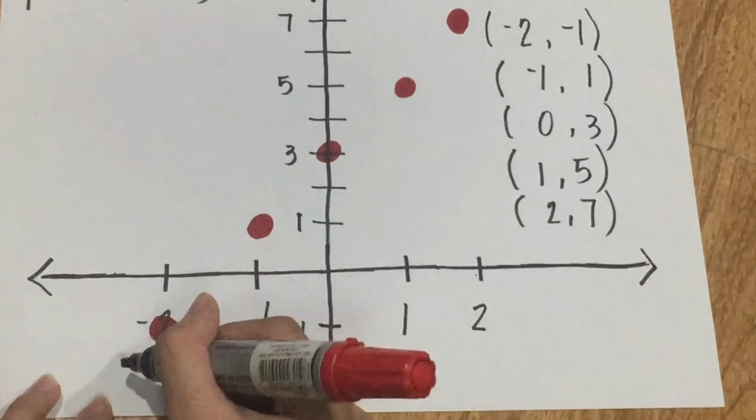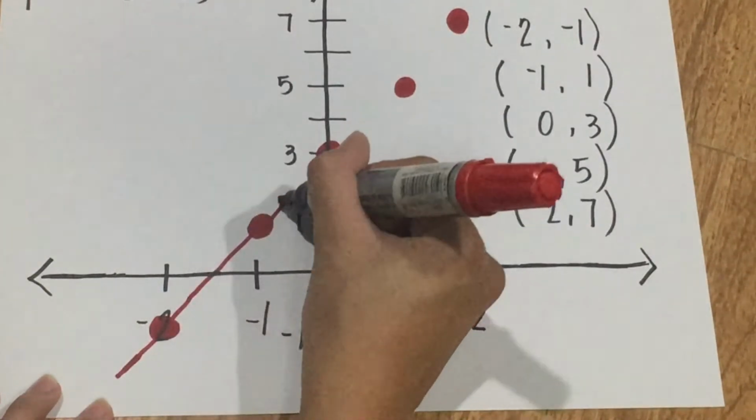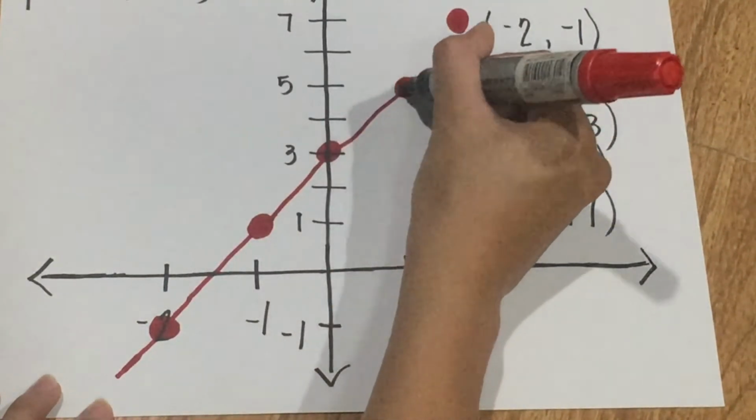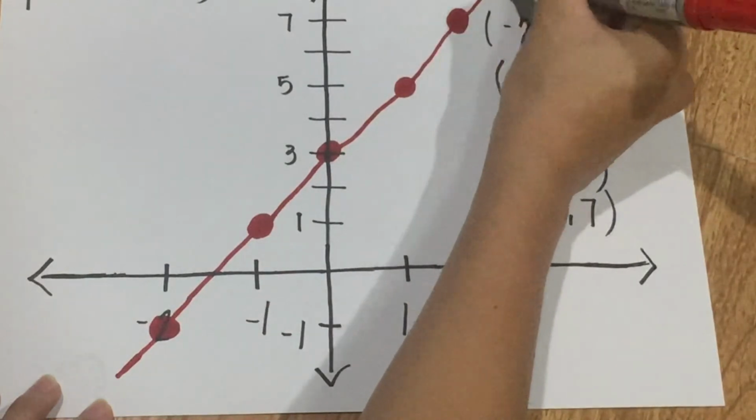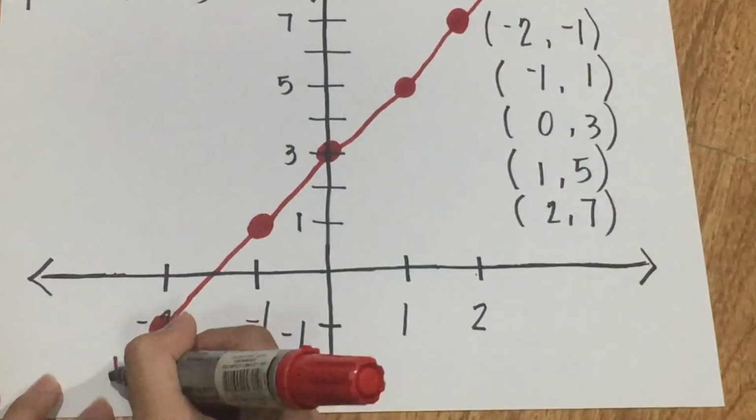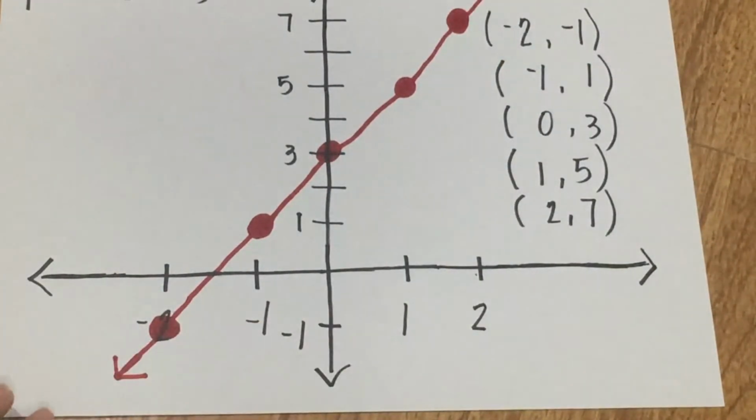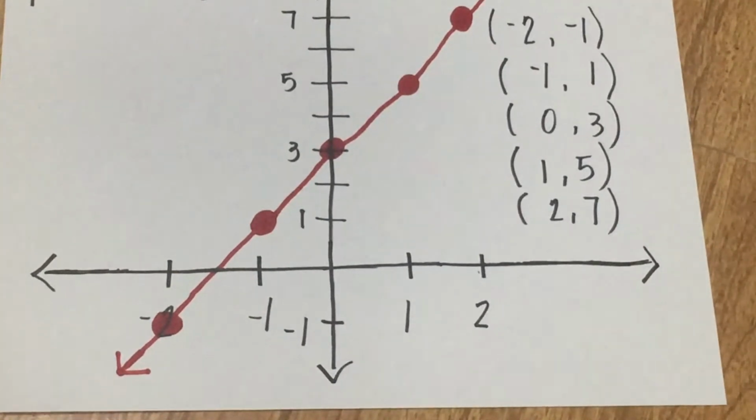So we'll draw a line. Sorry if it's not a perfect line. So this given example is a linear function.